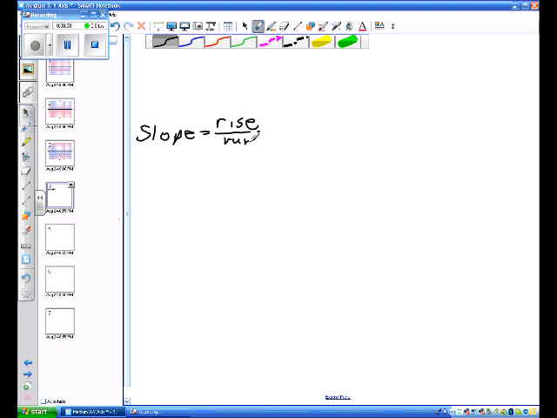So we're also going to define it that way: it's the vertical change over the horizontal change.